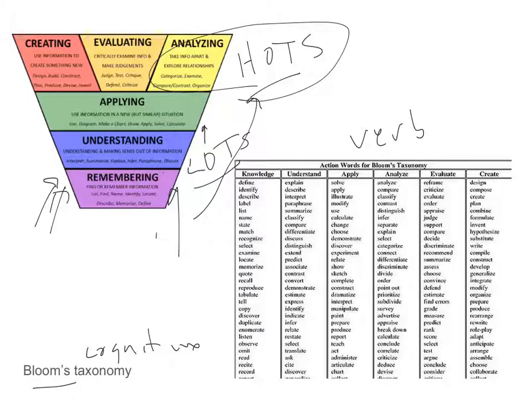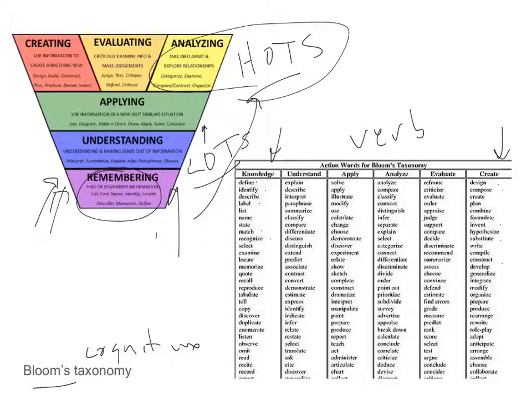So at the basic level of these lower order thinking skills, this basic knowledge or remembering part, can they define, can they identify, can they label, like on a lab practical, can they match, can they recognize, as opposed to, can they design or compose or invent or substitute, construct, at this more upper end, higher order thinking skills.